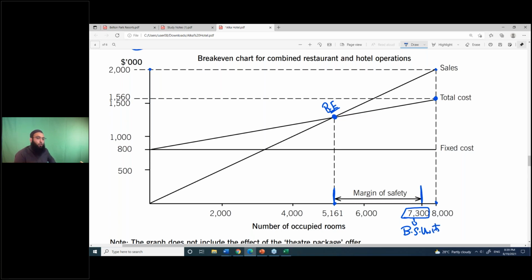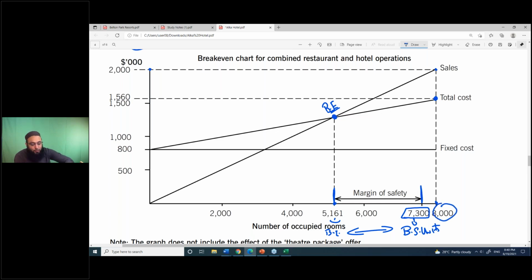7,300, because how you work out MOS, you know the formula? It's budgeted sales units minus the break-even units. So what confusion the examiner is trying to create and trap you with here is this 8,000.